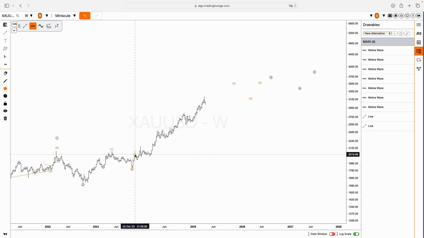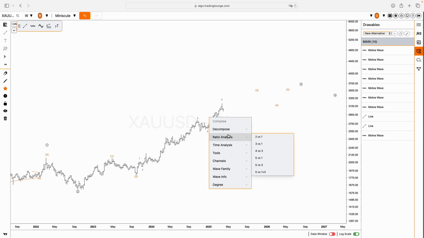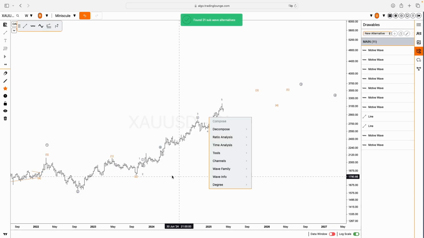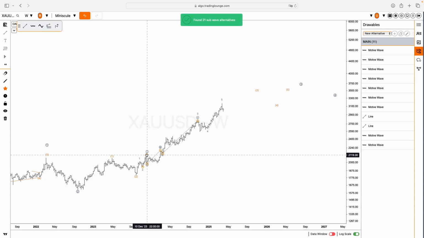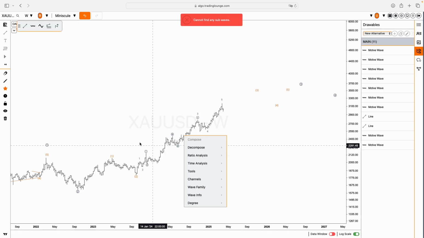I had a label like this: 1, 2, 3, 4, and 5. By the way, let's see if we have some subdivision. That's how I had it like this: 1, 2, 3, 4. Subdivision. Nope.